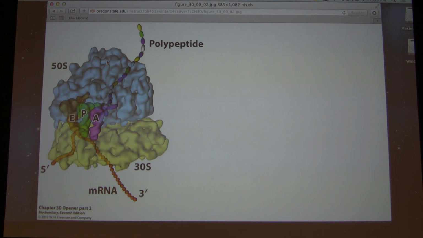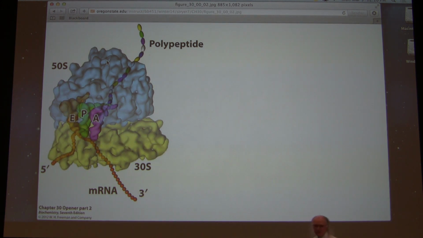Eukaryotes have very similar ribosomes, but they're larger than prokaryotic ribosomes. In the case of eukaryotes, that 50S is a 60S, that 30S is a 40S, and the overall size is an 80S. Okay? So if I say 80S, then you should recognize that I'm talking about a eukaryotic ribosome. If I say 70S, I'm talking about a prokaryotic ribosome.